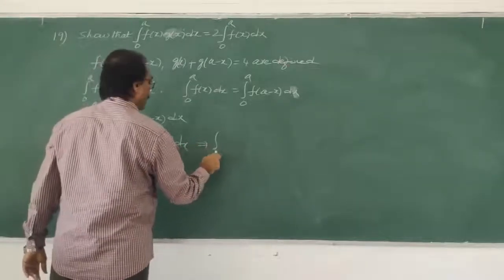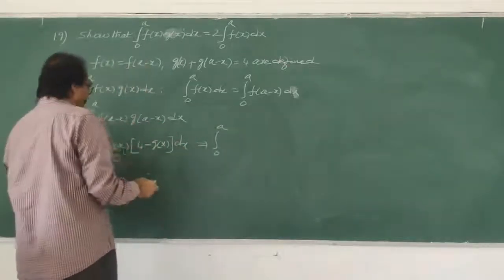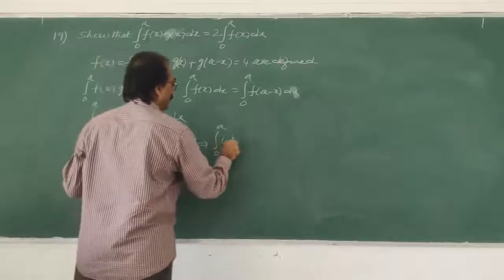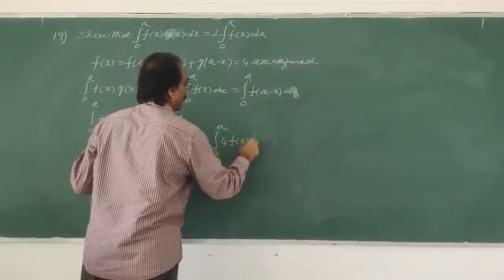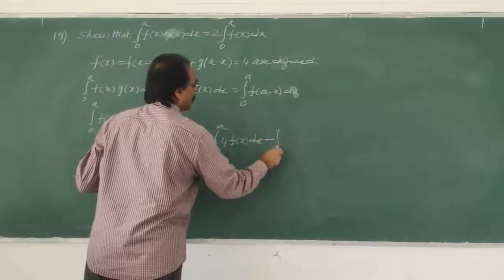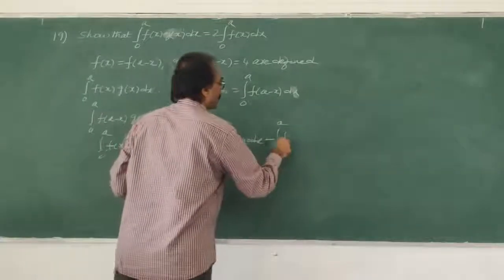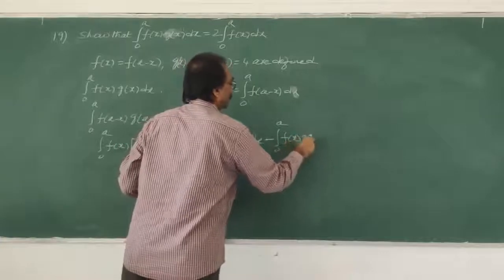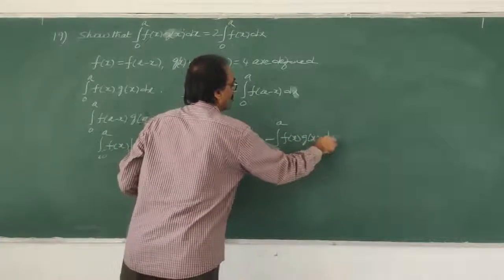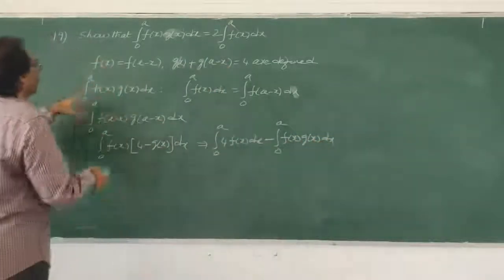This implies integral 0 to a 4 into f of x dx, minus integral 0 to a f of x into g of x dx. Correct?